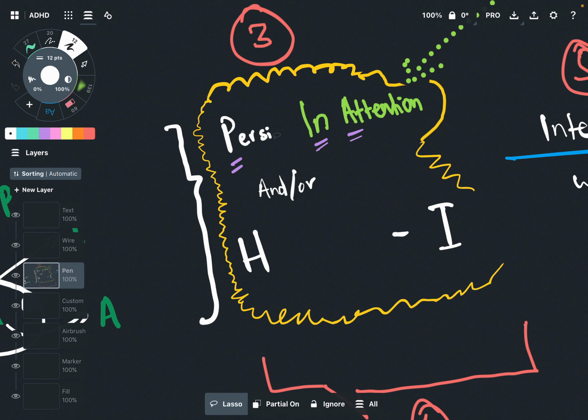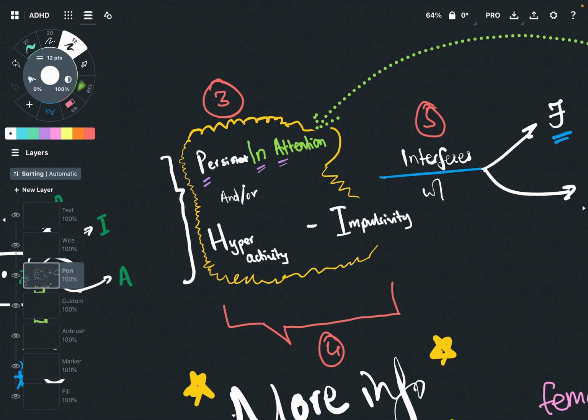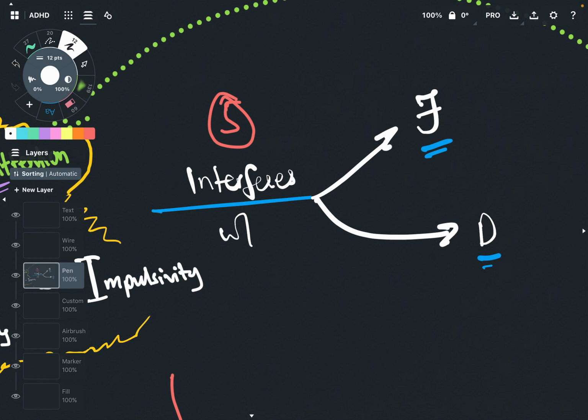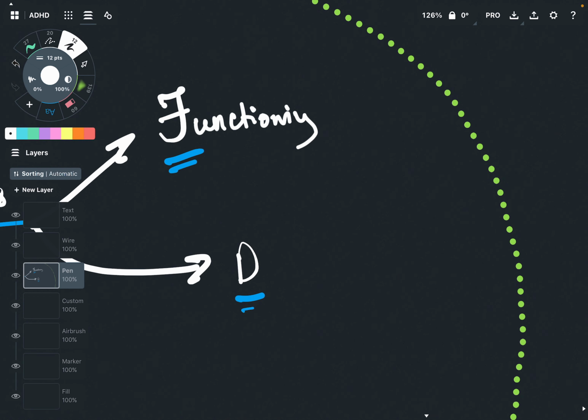Persistent inattention and or hyperactivity impulsivity, which interferes with daily functioning and development.